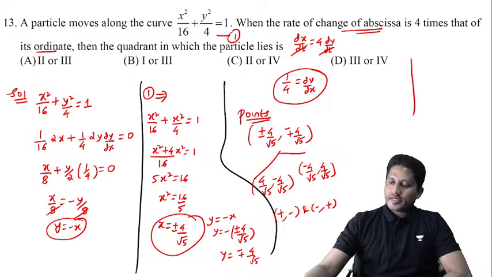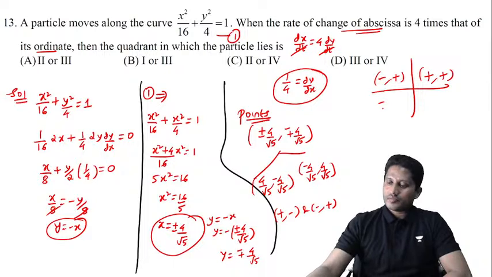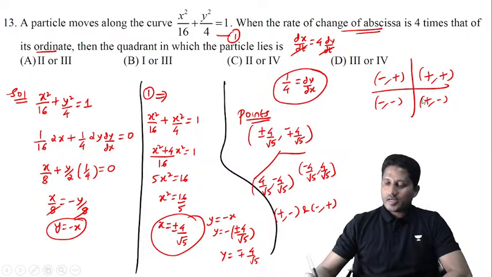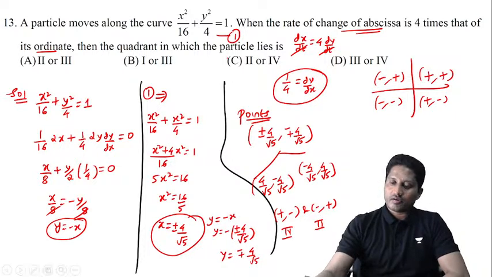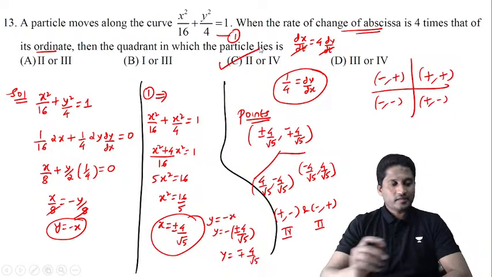Plus plus is the first quadrant, minus minus is the third quadrant where both are negative. Plus minus will be the fourth quadrant and minus plus will be the second quadrant. So second quadrant or fourth quadrant. Answer is option C. Right?